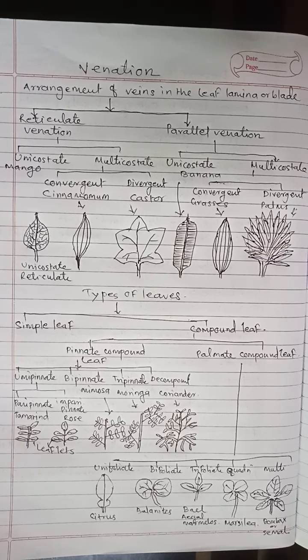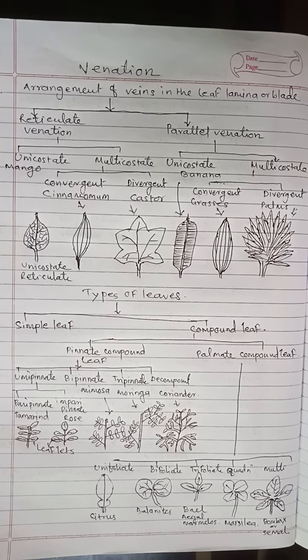Bipinnate compound leaf. In this type, the primary rachis produces secondary rachis, and the leaflets develop on the secondary rachis, not on primary rachis. Such type of bipinnate compound leaves are found in Mimosa, Delonix. The next type is tripinnate compound leaf.